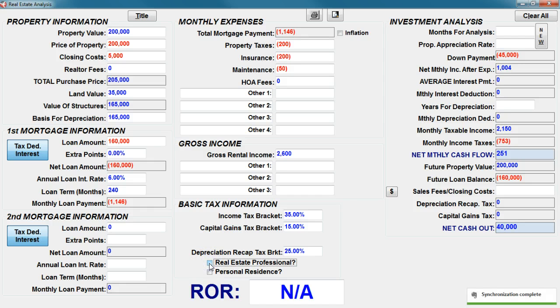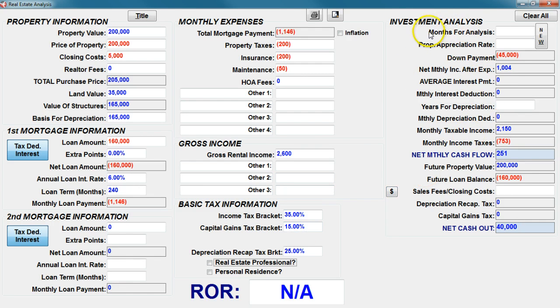In order to be a real estate professional for tax purposes, you have to have very careful record keeping, 750 hours of actual real estate activity. You've got to have that documented, and if you don't want to be audited or lose an audit, you better have it documented correctly. So we'll leave that off.